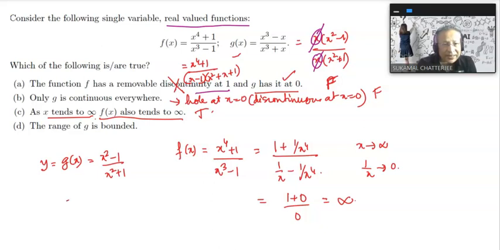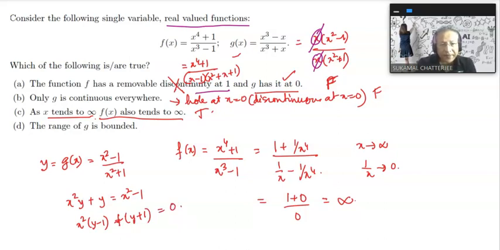This is a rational function, so we can write it as x square y plus y equals x square minus 1, or x square into (y minus 1) plus y plus 1 equals 0. So this is the quadratic.